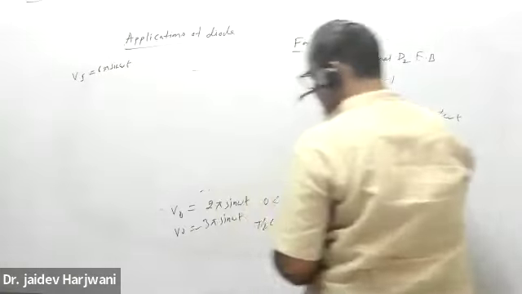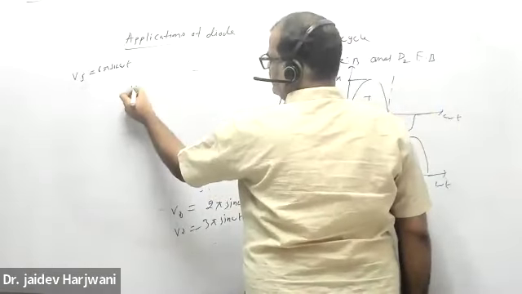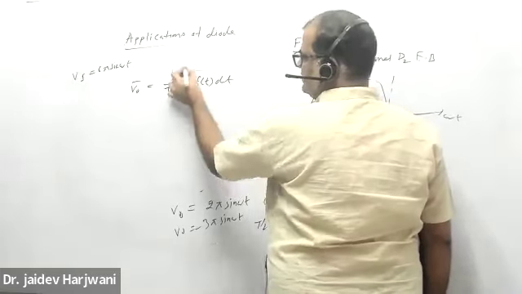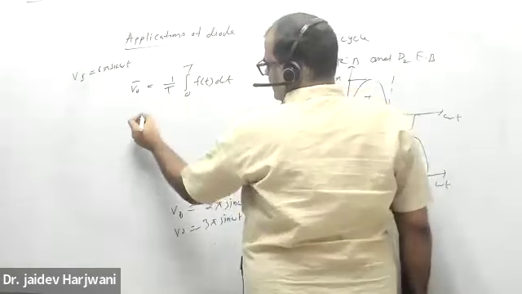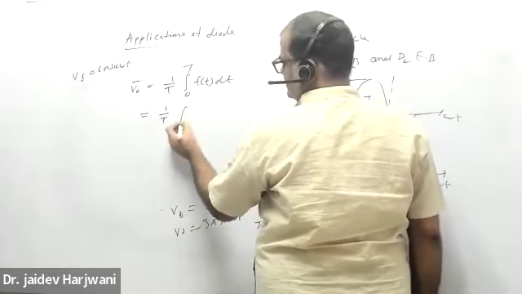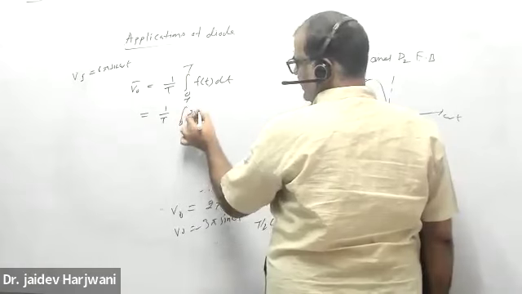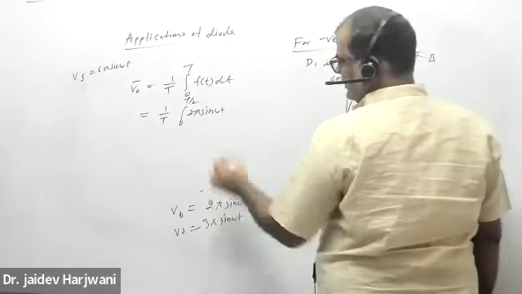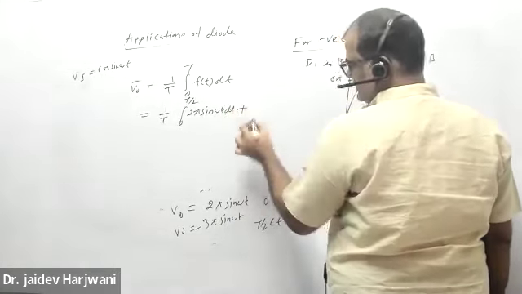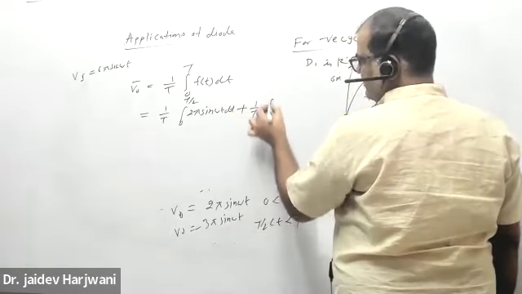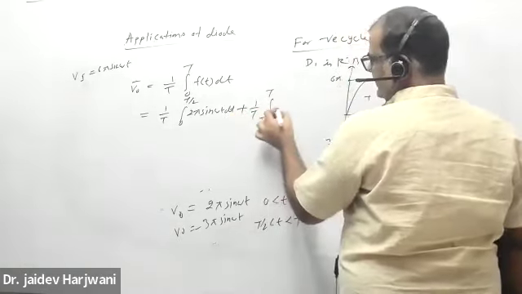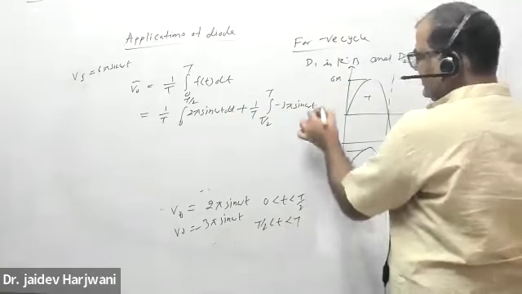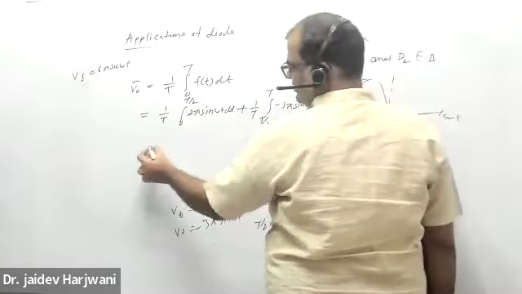Now find the average value. Average value will be 1 by T integral of f(t) dt from 0 to T. So 1 by T, from 0 to T by 2, 2 pi sine omega t dt, plus 1 by T, from T by 2 to T, minus 3 pi sine omega t dt, and this we have already solved.